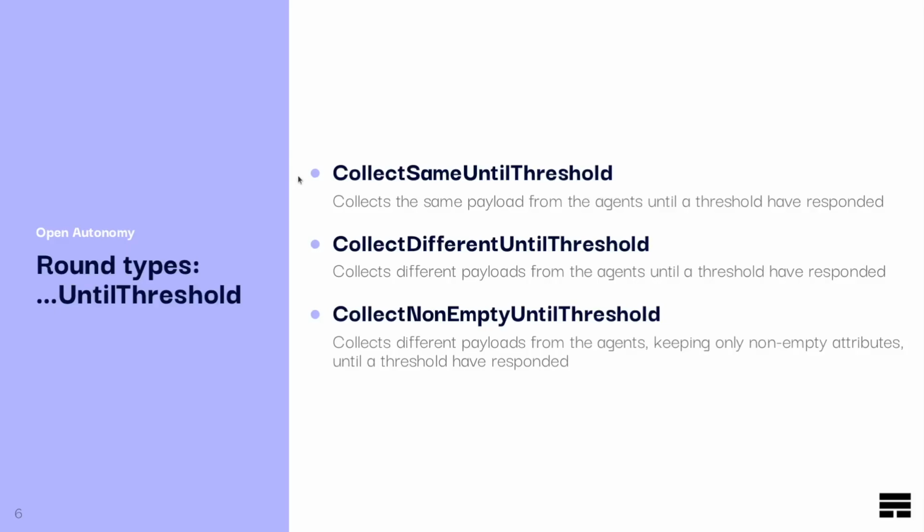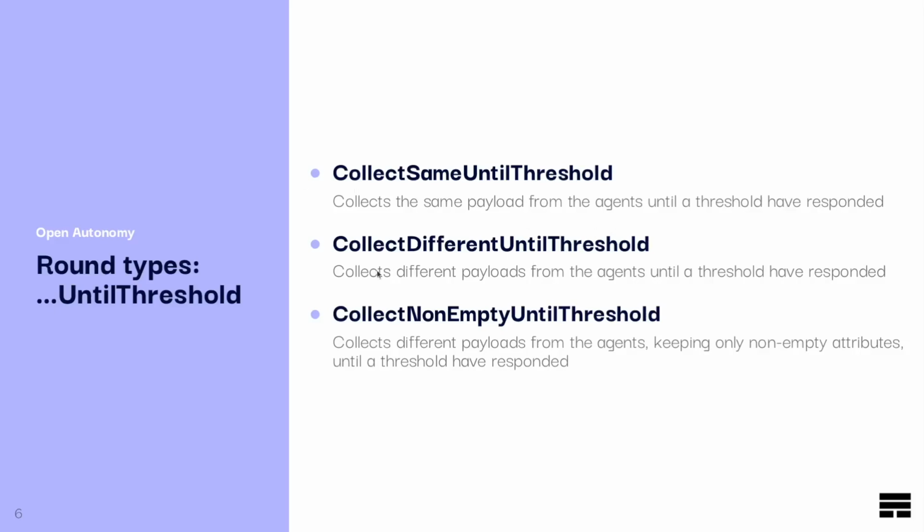So we have three in this category. One of them is collect same until threshold, which is a round which expects the same payload from all the agents. For example, this could be some sort of local computation or local processing of some information that it is expected that all the agents agree on the same output value.